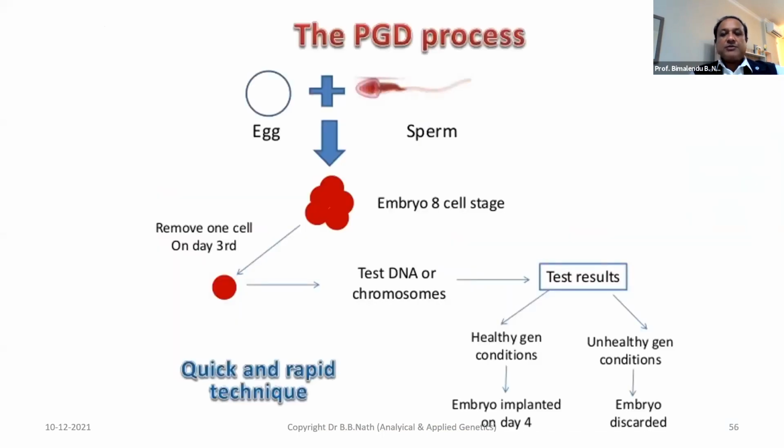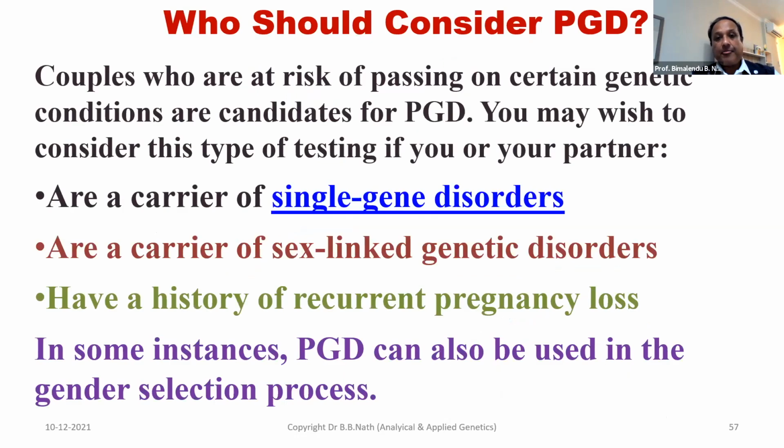This is a summary slide: when egg and sperm fuse and fertilize outside the body, we call it in vitro fertilization. Remove one cell on day 3 and test the DNA and chromosomes. If the test results show a healthy embryo, it is implanted on day 4. If it's unhealthy, it's discarded.